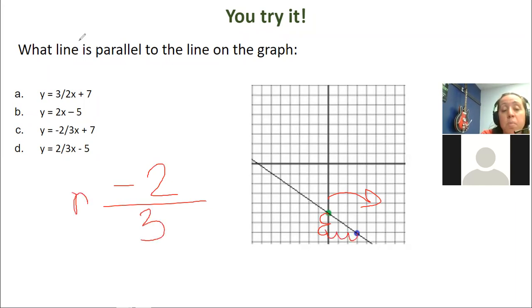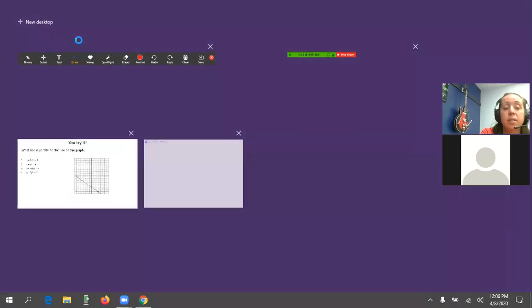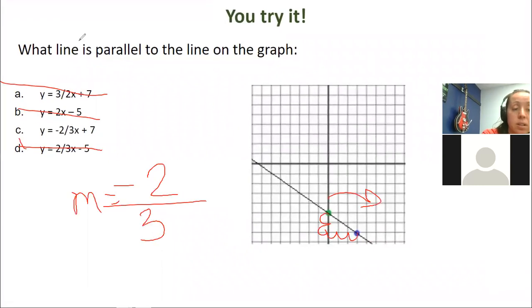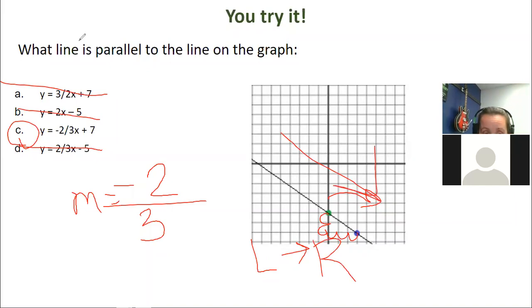So my slope has to be -2/3, and the only one that happens is C. D is the correct slope. It's just that one's positive. So it wouldn't be D, because see how left to right my graph is going down? That means it's a negative.